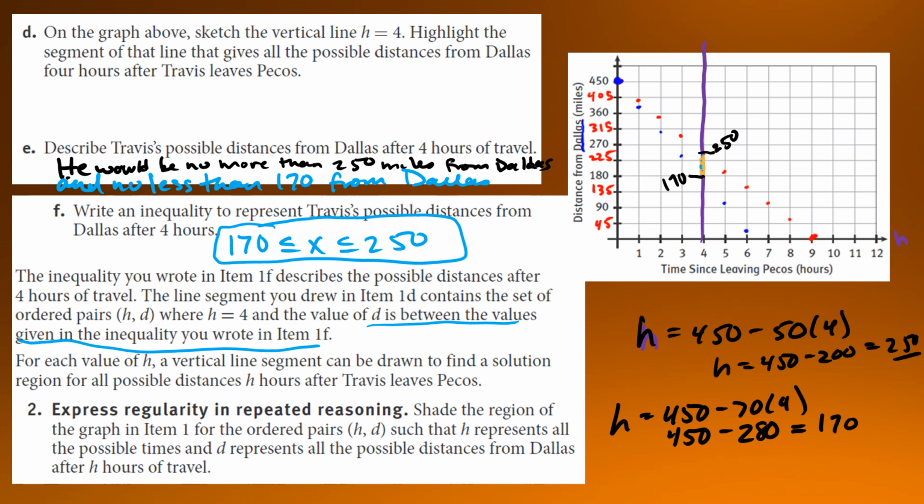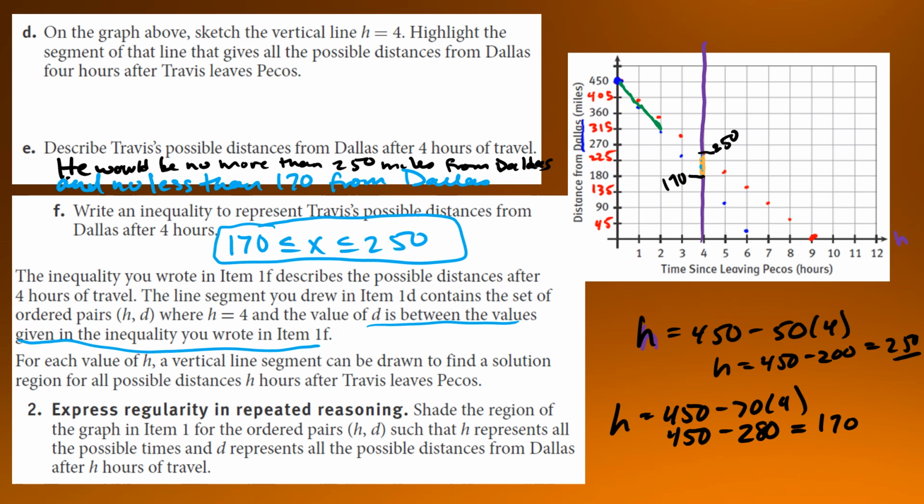Shade the region of the graph for the ordered pairs h, d such that h represents all of the possible times and d represents all the possible distances from Dallas after h hours of travel. So what we're looking at there is all of the values in here.